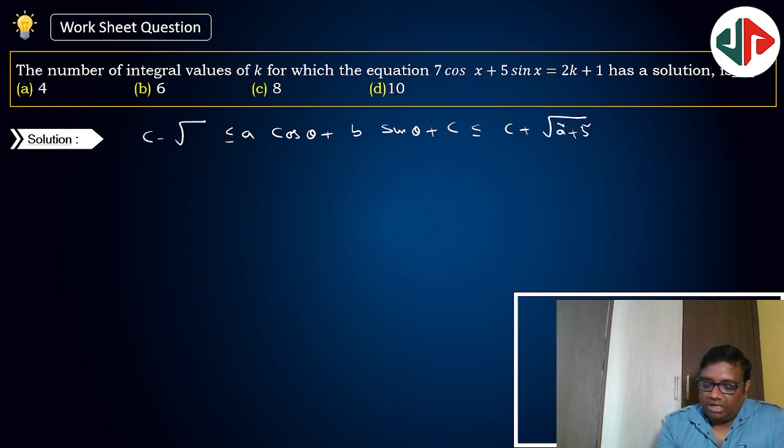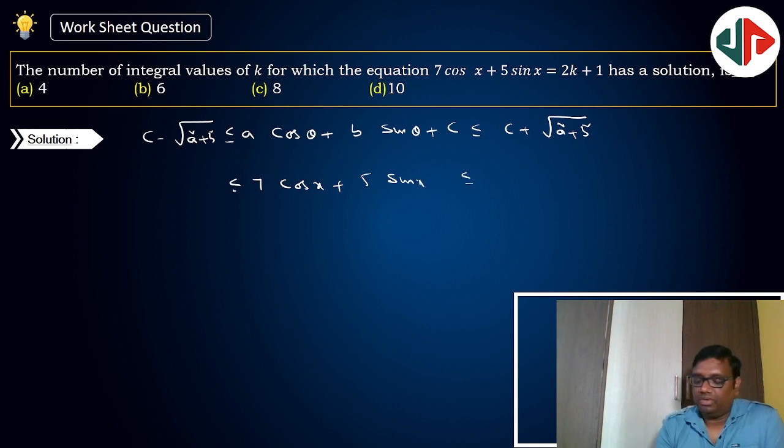In the same manner, 7 times cos x plus 5 times sin x, the solution will exist if and only if, here c value is 0, that is why minus under the root of 7 square plus 5 square up to under the root of 7 square plus 5 square.